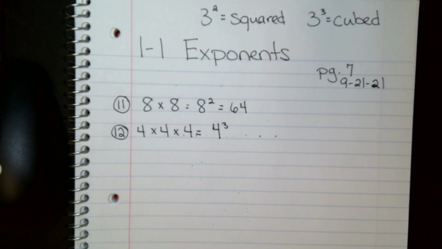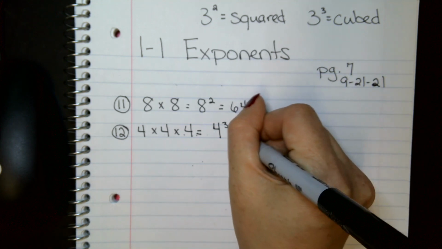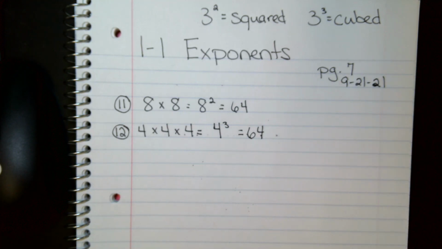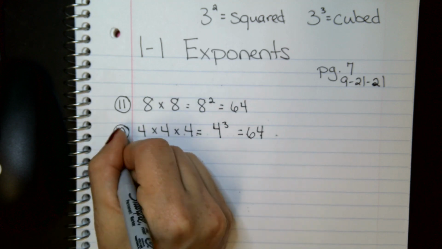Now, taking our calculator, you guys can do 4 times 4 times 4. You have calculators on your Chromebooks, and some of you already have them. What is 4 times 4 times 4? 64 again. Awesome. Let's move on to 13.